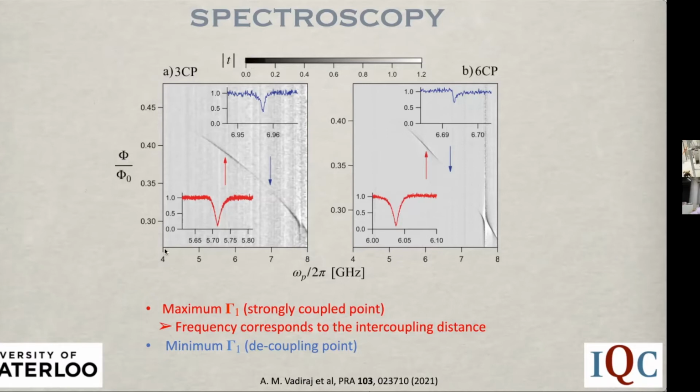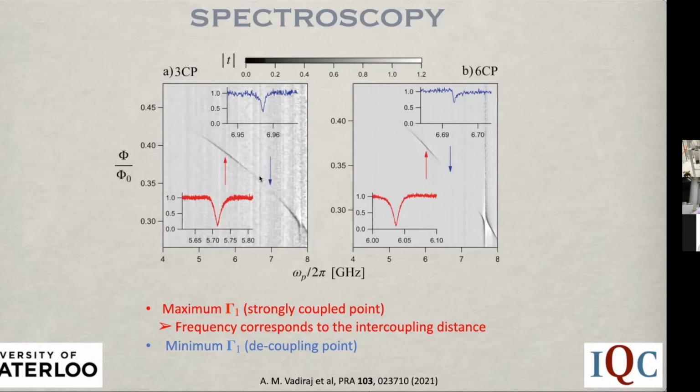And then what we're doing on this axis is changing an external magnetic flux. We're putting a magnetic flux through the SQUID, through this tunable Josephson junction, and in that way we tune the frequency of our qubit in situ. So this is our typical spectroscopy curve, where as we change the flux, we get a cosine modulation of the qubit frequency, so we trace out the qubit line.